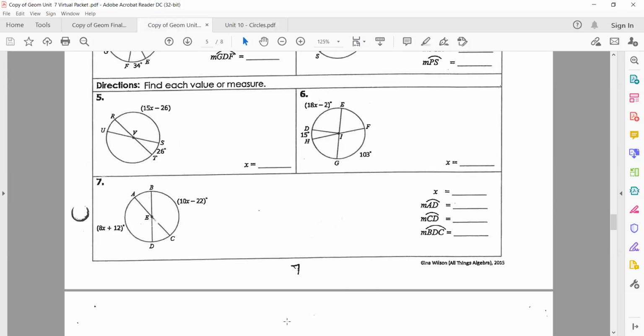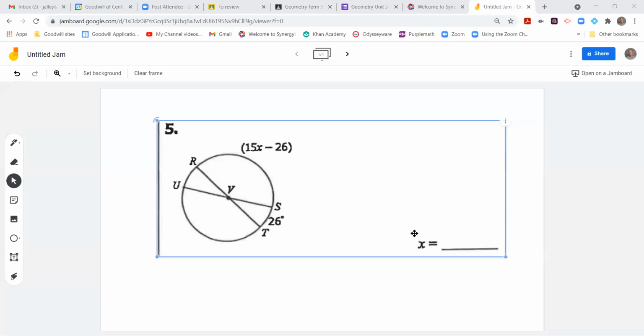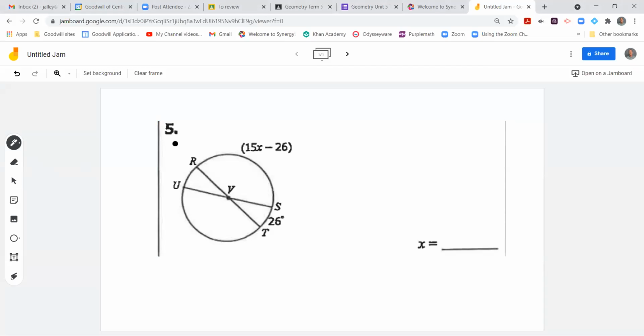That's a good problem here. I'm going to copy and paste that one into something I can work with and do a little quick demonstration here. So if I'm trying to figure out what X is, let's say for a minute that I'm not really sure if that line right there, RT, makes a semicircle.